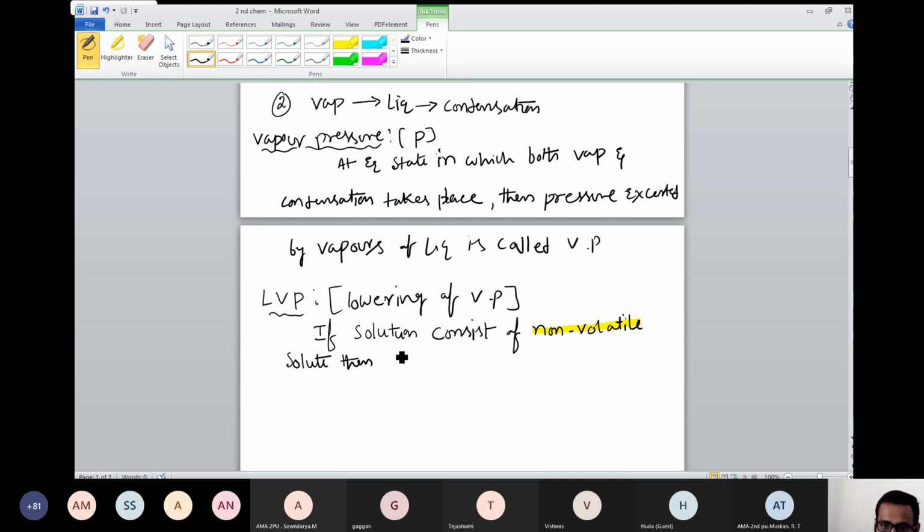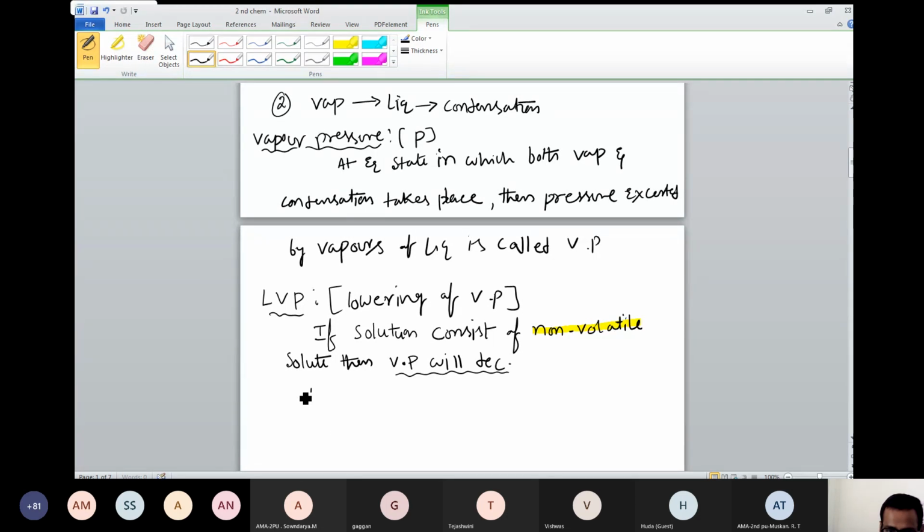So if the solution consists of a non-volatile solute, then vapor pressure will decrease. The decrease in vapor pressure is called lowering of vapor pressure.